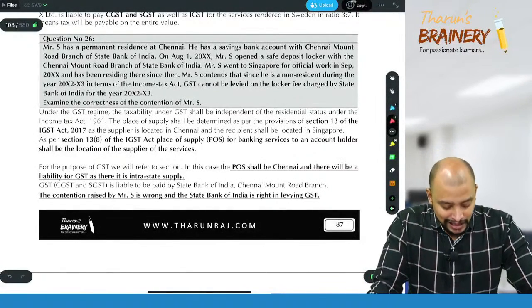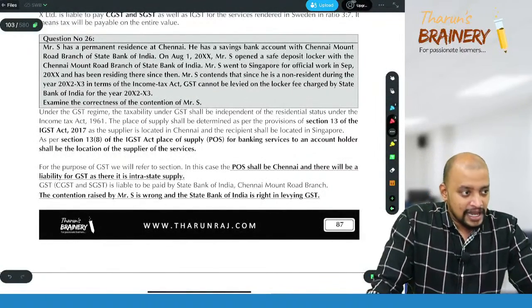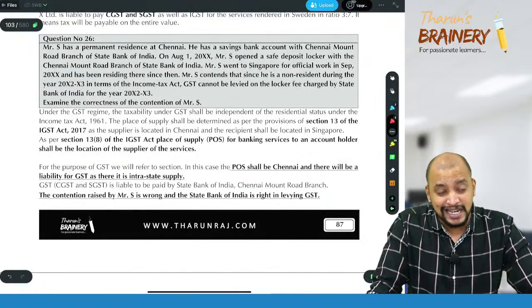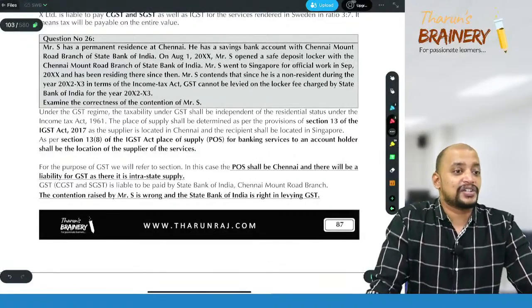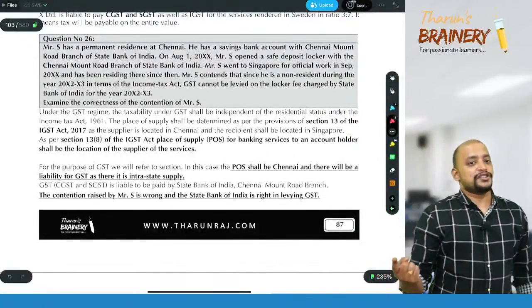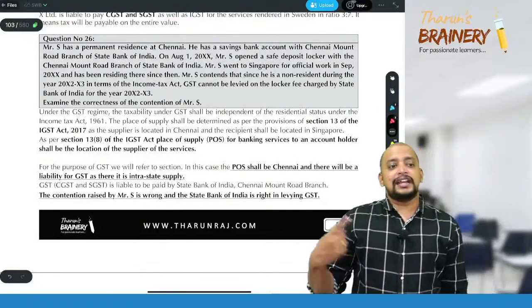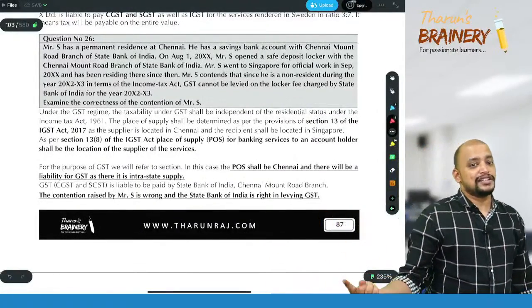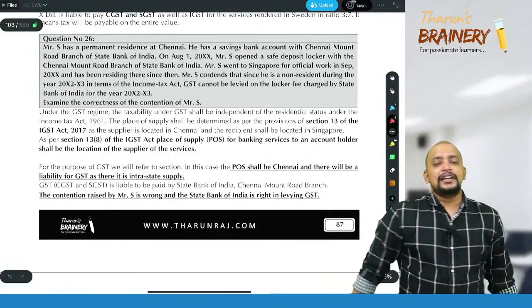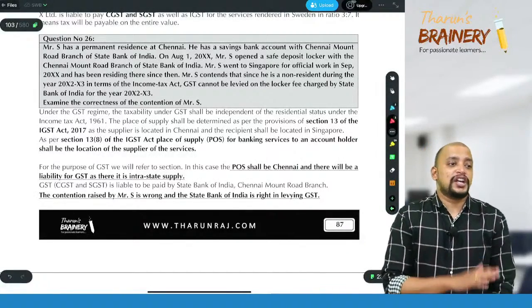Location of supplier is Chennai, and place of supply is to be determined as per section 13, because the recipient is outside India. Supplier is in India, recipient is outside India. The bank is in India, and the recipient's usual place of residence is outside India. So as per section 13, the place of supply will be the location of supplier.